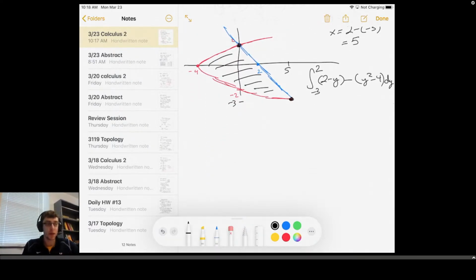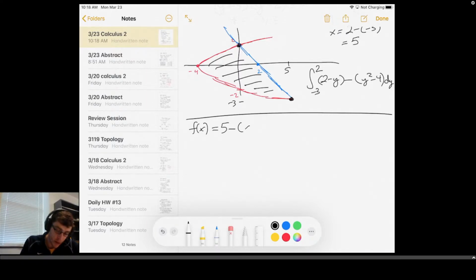Okay, so the first one for today is basically two parts. I want you to, first of all, try to find an intersection point, and then try to actually graph this so that we can set it up. So with this one, we'll have f of x. So this is not a y1, but an x1.